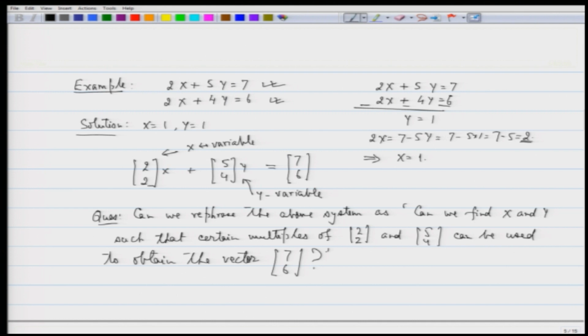So, this is the question that I am asking. Can I find some multiples of 2 2 and 5 4? When we add them, we do get back the vector 7 6.